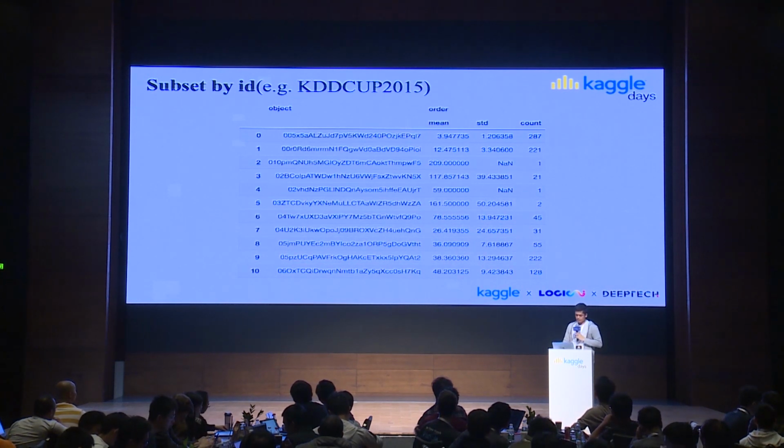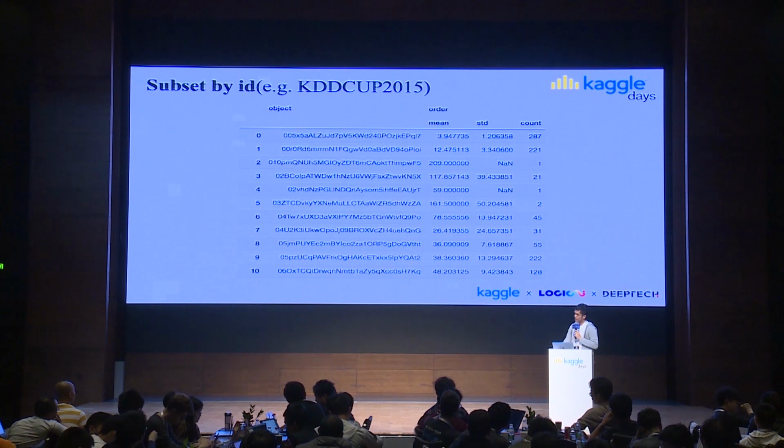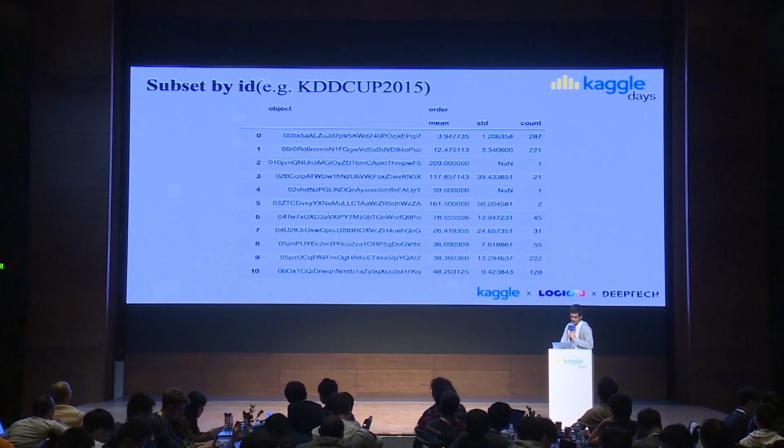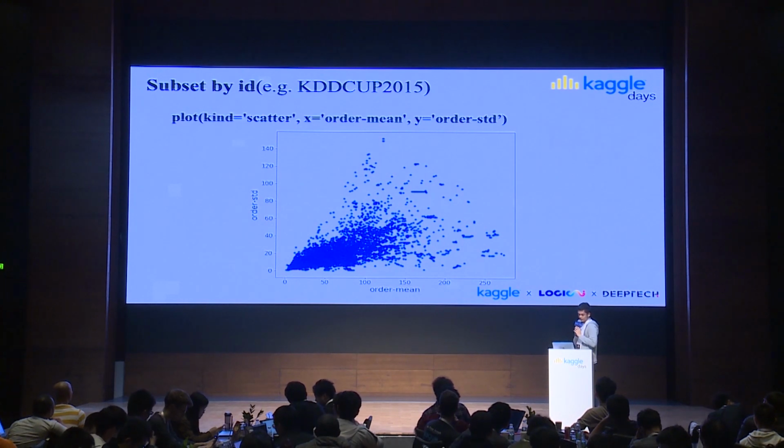So we can say there is an order to take a course, and then after that I plot those like this.